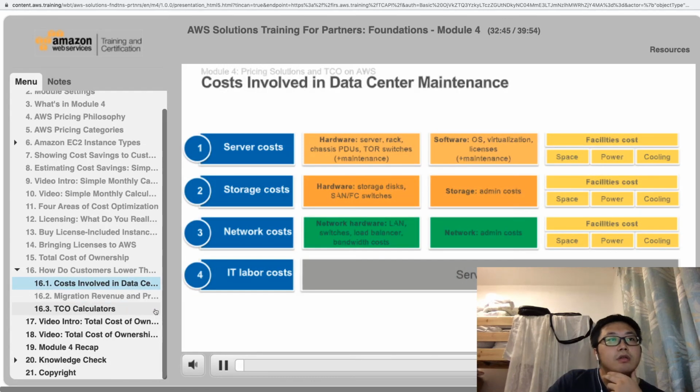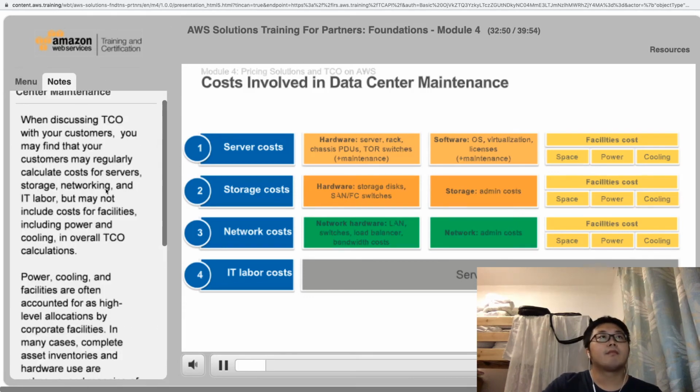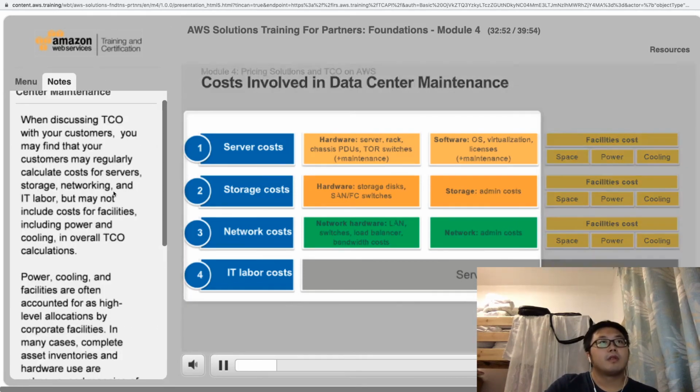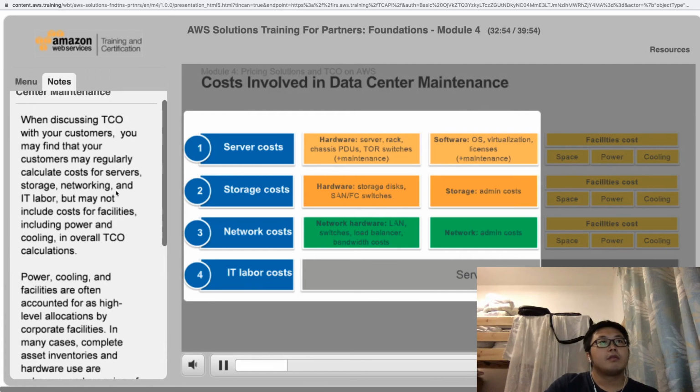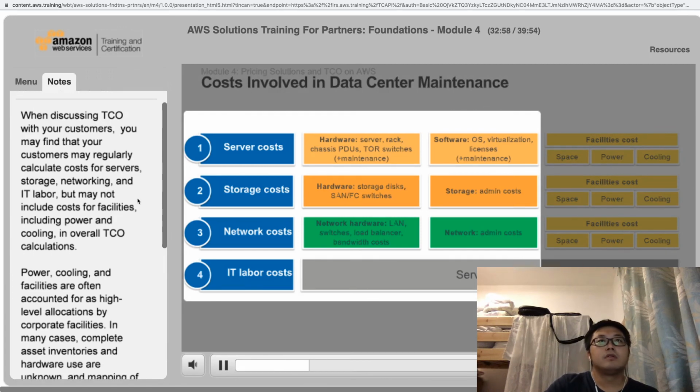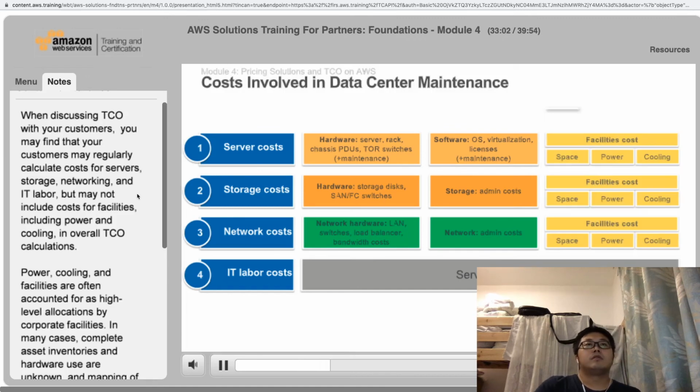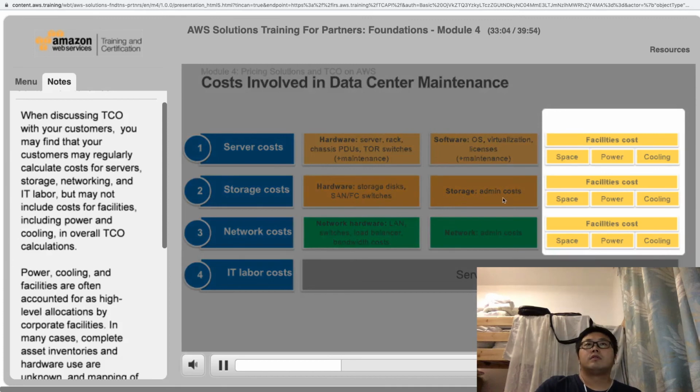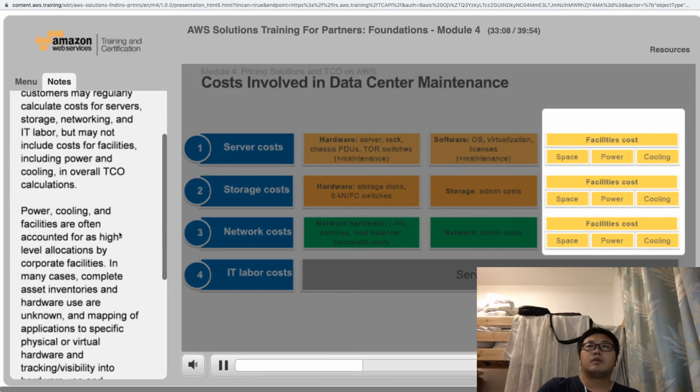When discussing TCO with your customers, you may find that your customers may regularly calculate costs for servers, storage, networking, and IT labor, but may not include costs for facilities, including power and cooling, in overall TCO calculations. Power, cooling, and facilities are often accounted for as high-level allocations by corporate facilities.